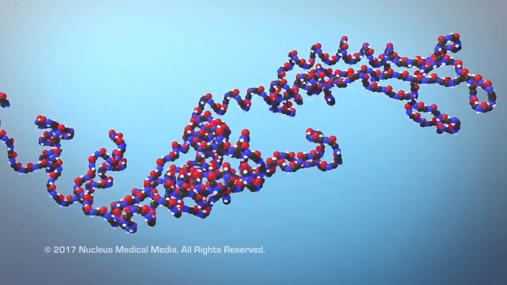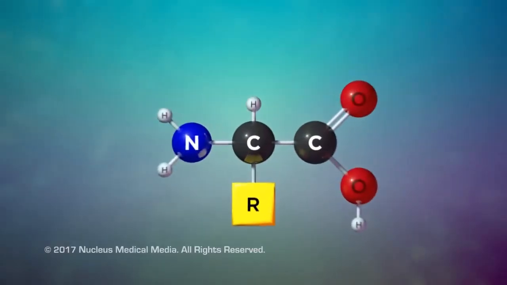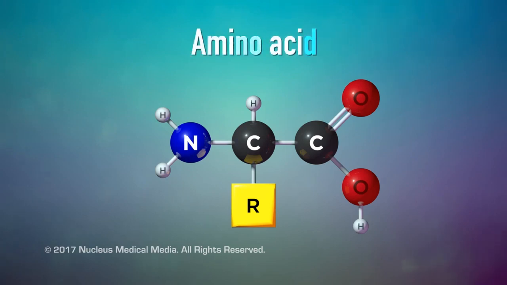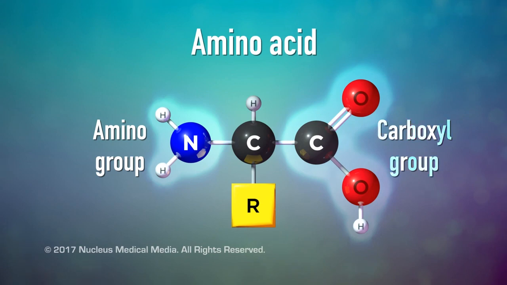So what is the structure of proteins? Well, the protein building block, or monomer, is something called an amino acid molecule. Every amino acid has a particular structure. They all have the same amino group on one side and a weak acid called a carboxyl group on the other.